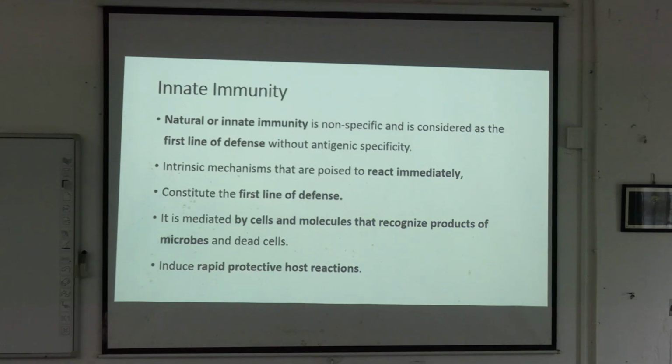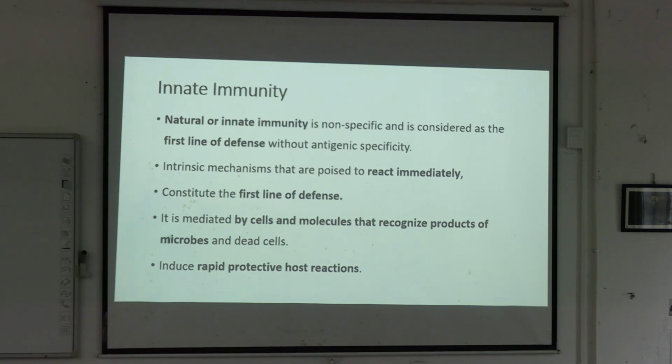Innate immunity, natural or innate immunity, is non-specific and is considered the first line of defense without antigen specificity, and this innate immunity is present from our birth. Intrinsic mechanisms that are poised to react immediately constitute the first line of defense.